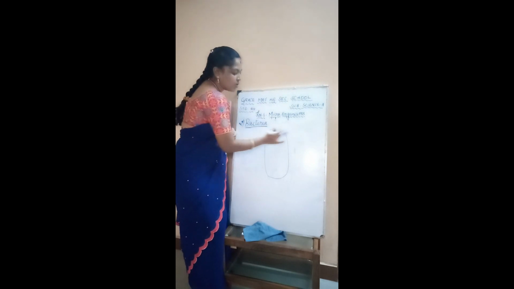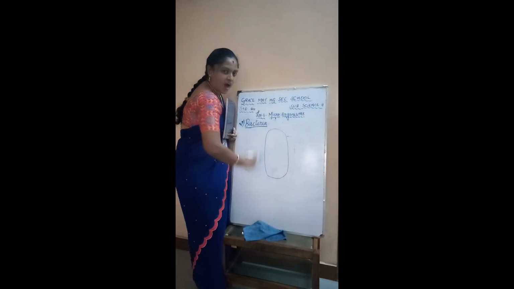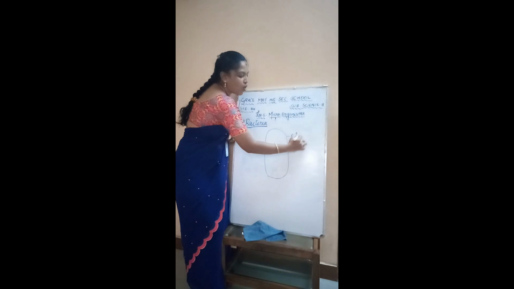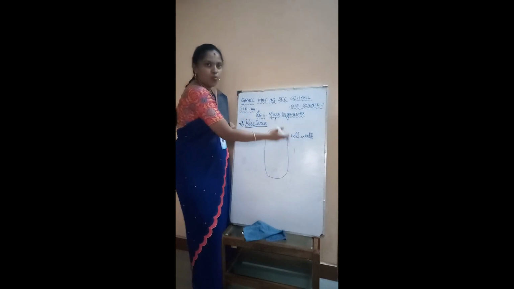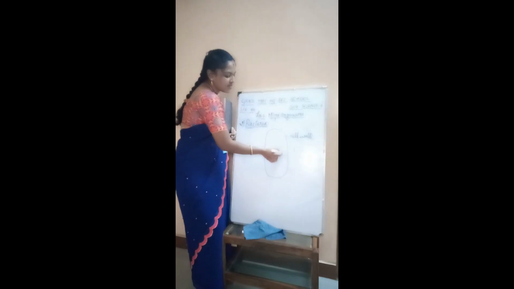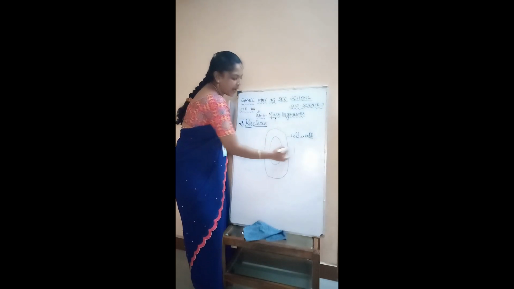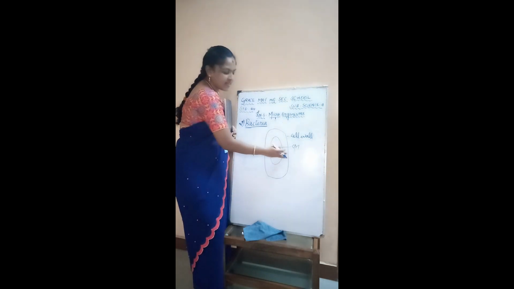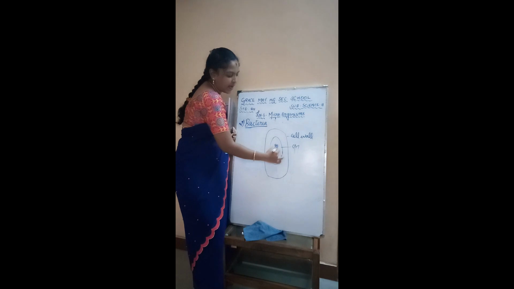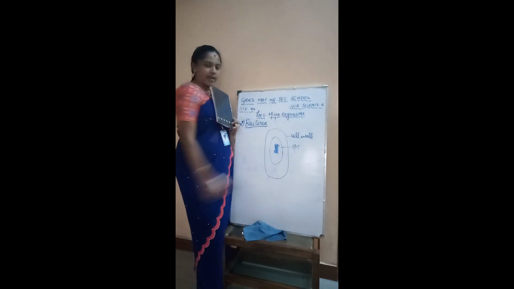This bacteria has the outer covering, which is called the cell wall. Next, it has the cell membrane. Inside the cell membrane, you have the DNA or RNA.